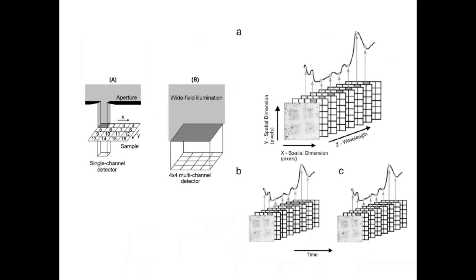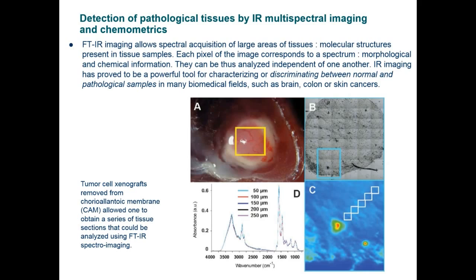And this enables it to be very useful for chemometrics, tissue and disease detection, spectral information from histopathology samples, etc. I'll show you some examples. For this case, you have a tumor cell that has been removed from a chorioallantoic membrane.